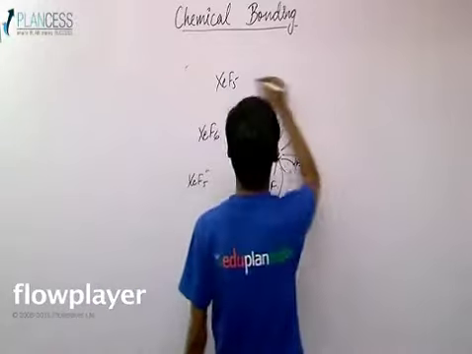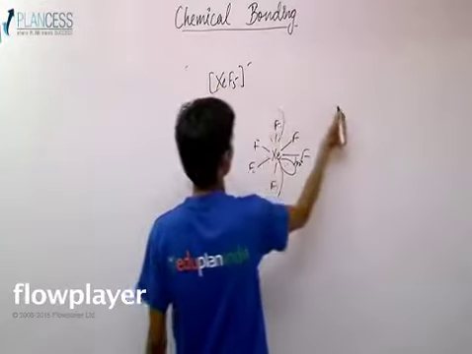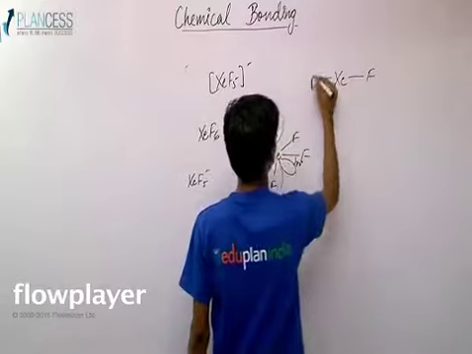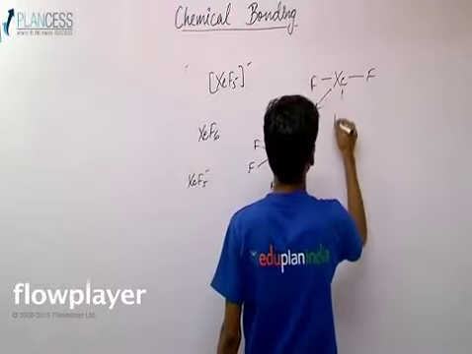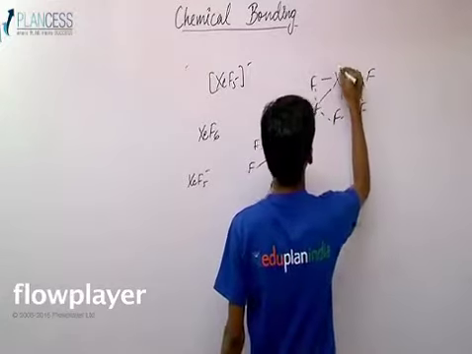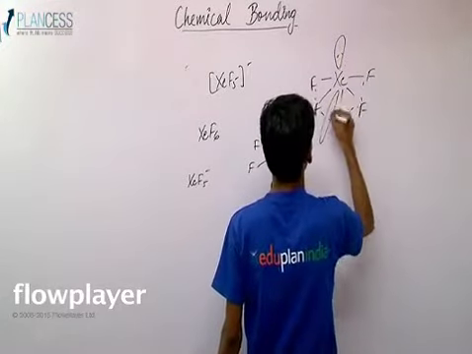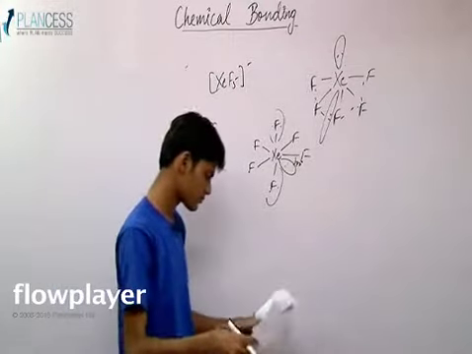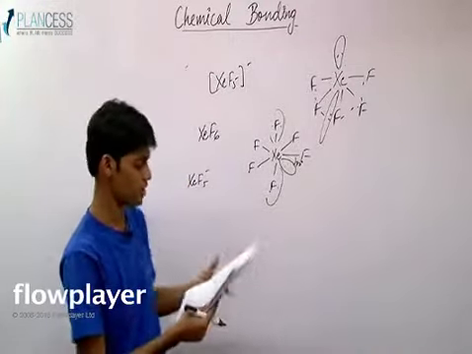So the XeF5 minus has Xe here, and the 5 bonds are in the same plane, and 2 lone pairs are here and here at the axial positions, and its geometry is pentagonal planar.